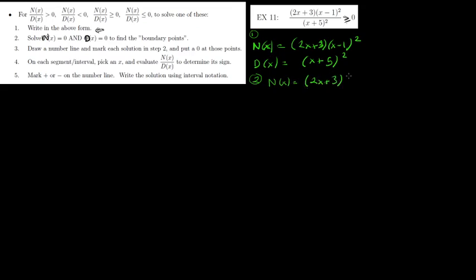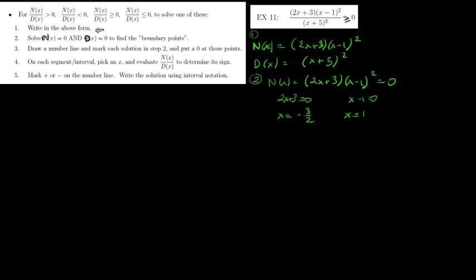They were kind enough to write it in this factored form to make it easy to solve. So we just set the factors equal to 0. 2x plus 3 equals 0 gives us x equals negative 3 over 2. And x minus 1 equals 0 gives us x equals 1. You might think of that as a double root, or a zero of multiplicity 2.